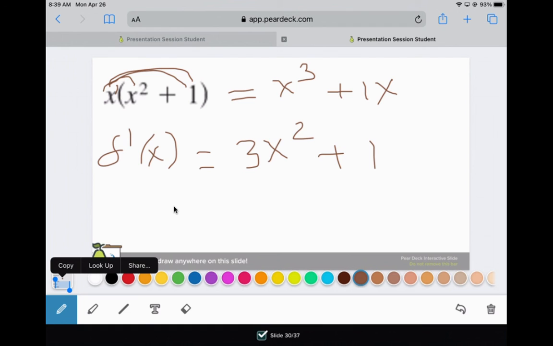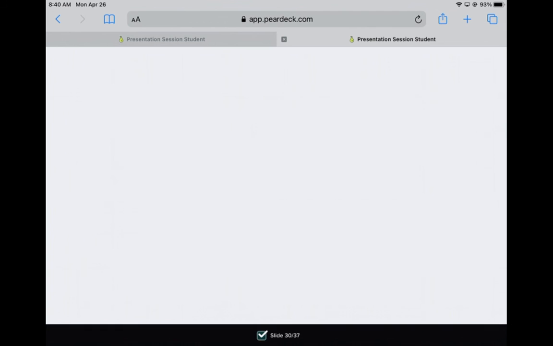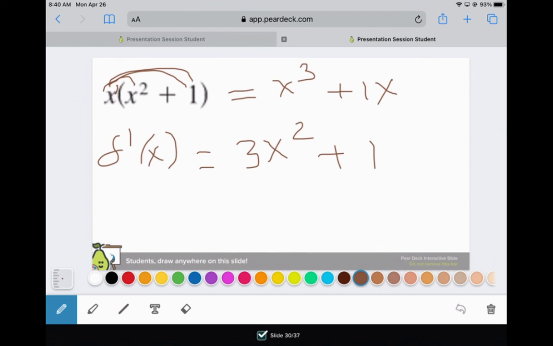All right, what I'm going to ask you to do, I have one more thing to go over, but I figure I should give you class time to practice. I'm not going to go to the next slide, which is where we find the derivative, and then find the slope at that given point. So we're going to hold on to this, because I wanted to give you class time to practice.